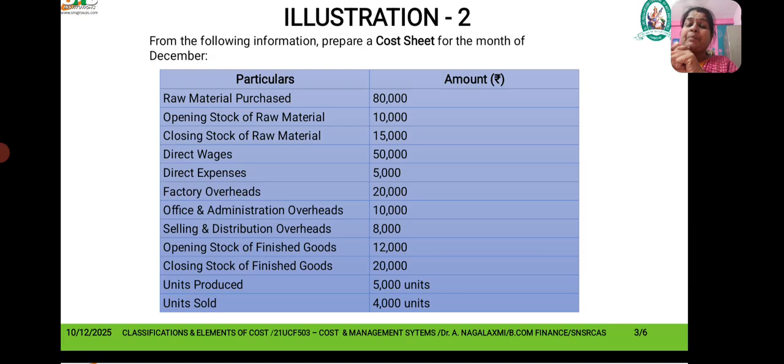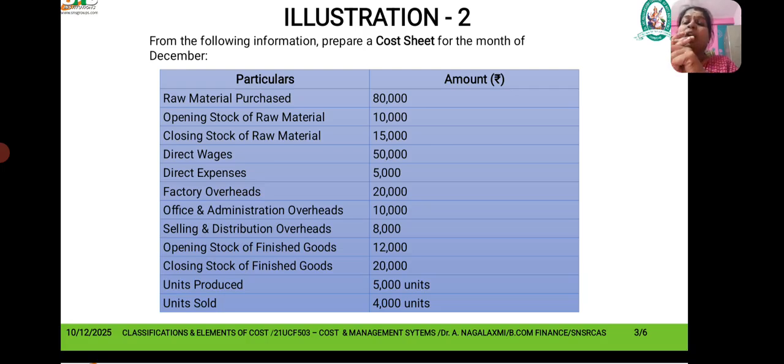They purchased raw materials for 80,000 rupees. Opening stock of raw material is 10,000. Closing stock of raw material is 15,000. Direct wages involved is 50,000. Direct expenses 5,000. Factory overheads 20,000. Office and administration overheads 10,000. Selling and distribution overheads 8,000.